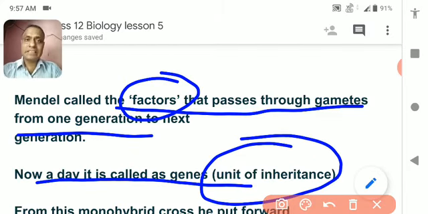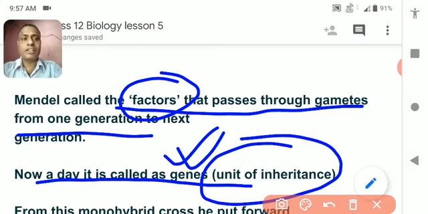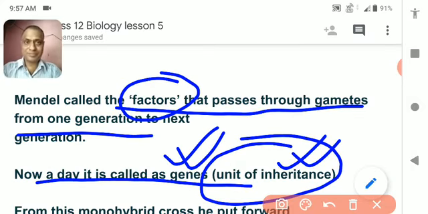Genes are responsible for carrying the character from parents to offspring. And what would the factor be? He didn't know about that. Later scientists discovered that the factor he spoke of was actually the gene, which is responsible for the inheritance of the character.